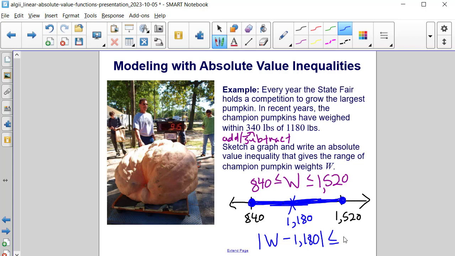So it's going to have to be less than or equal to 340. And if you actually rewrite this out as two inequalities and solve for W, you will end up getting this exact compound inequality.